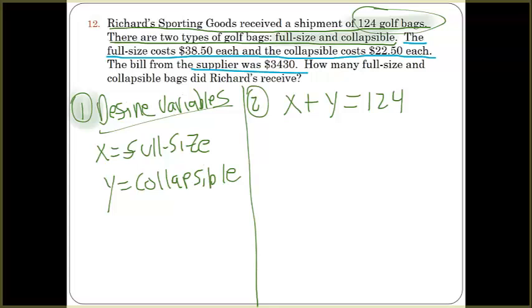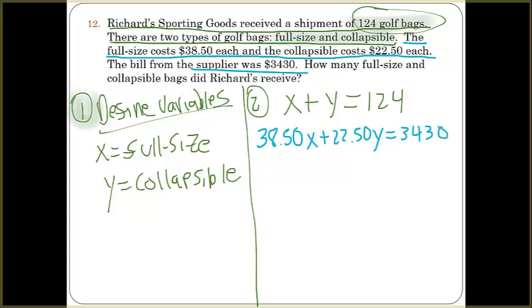So what you're going to do is take $38.50 times the number of full-sized plus $22.50 times the number of collapsible, and that will equal your $3,430 that you took in.